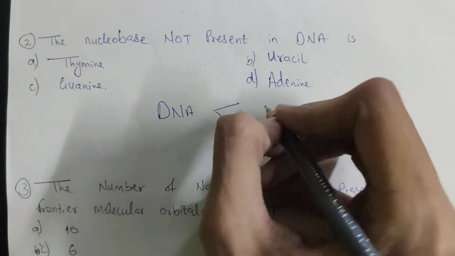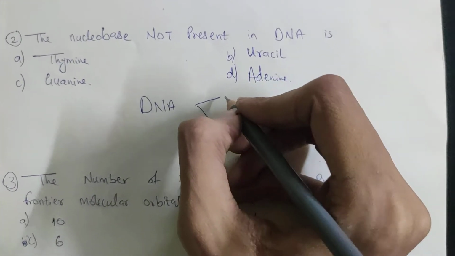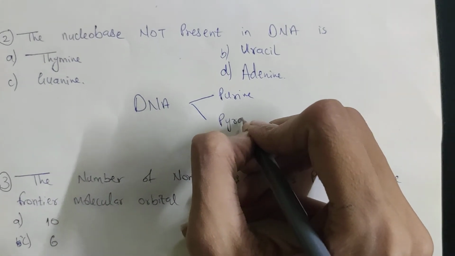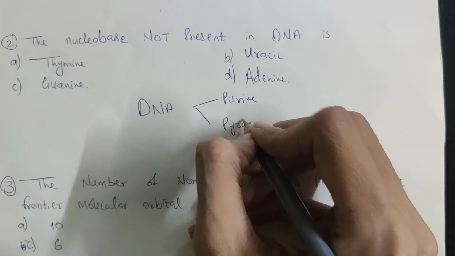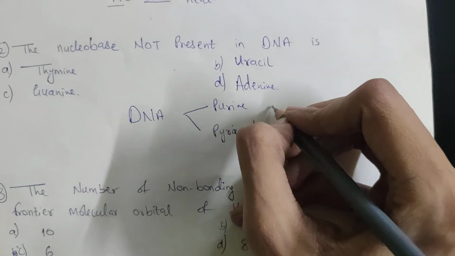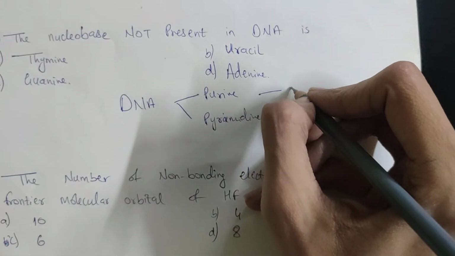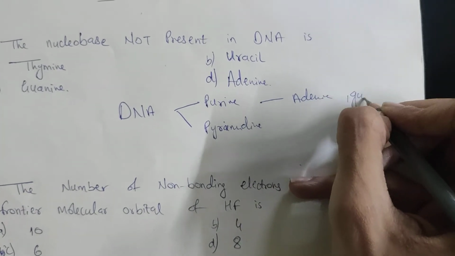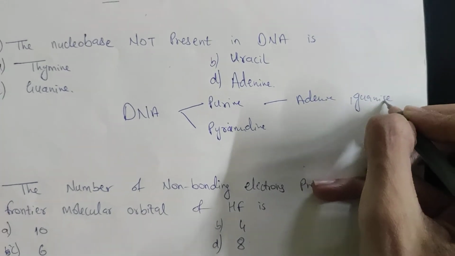In DNA you have purine bases and pyrimidine bases, right? In purines you have 2, that is A and G, adenine and guanine.